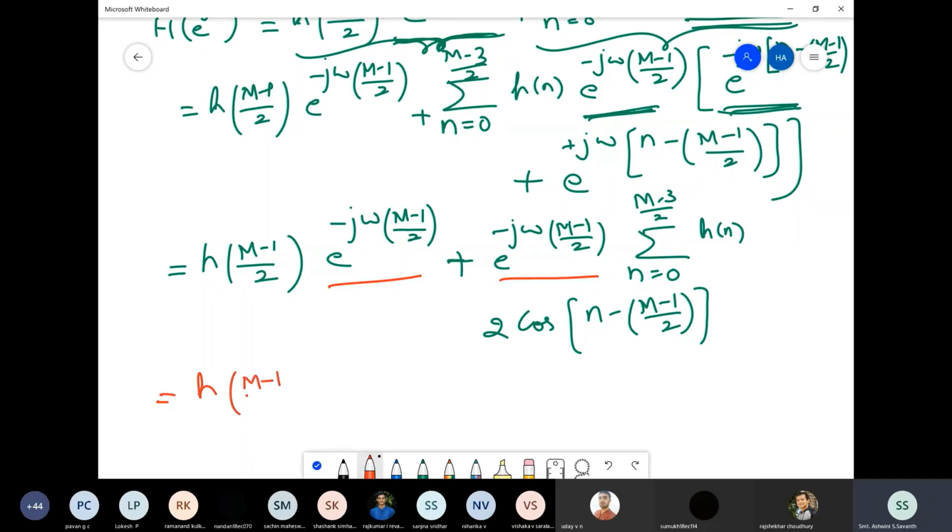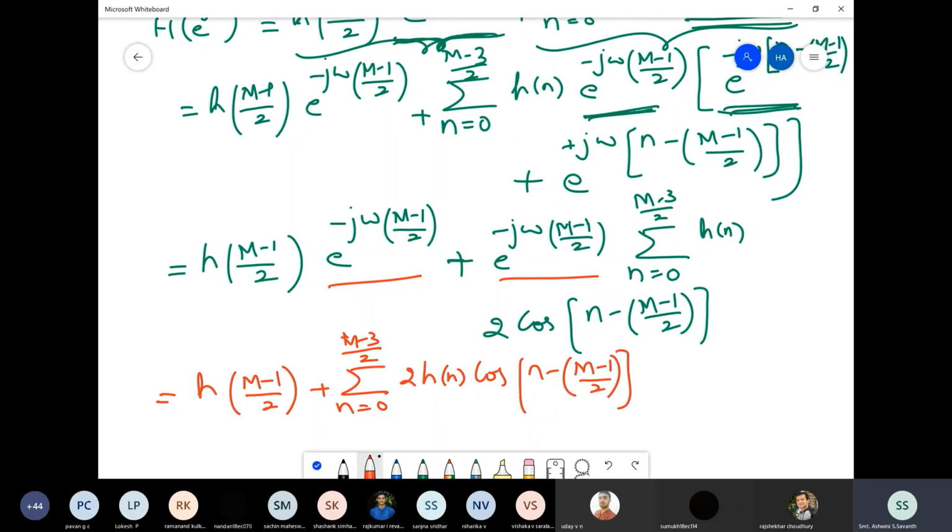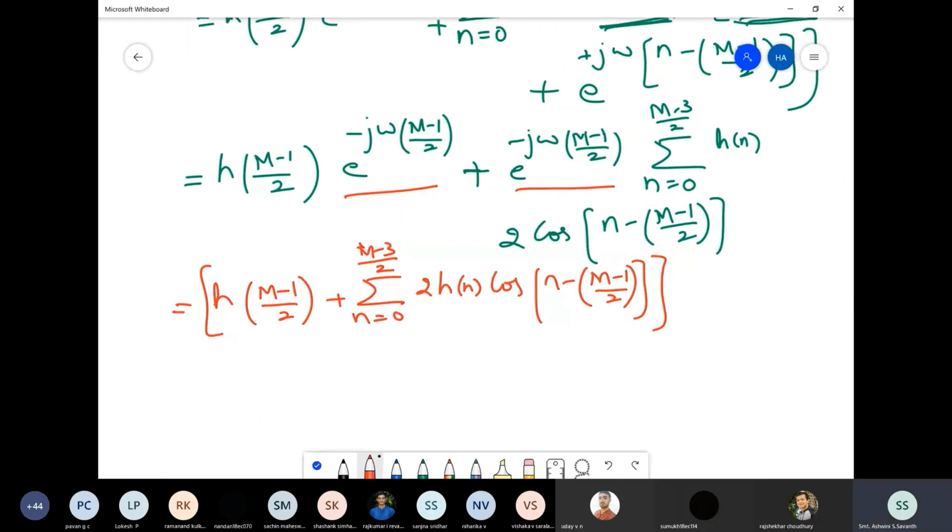H of (M minus 1)/2 plus summation n equals 0 to (M minus 3)/2 of 2 h of n cos of (n minus (M minus 1)/2). Okay, so this entire term is multiplied with e to the power minus j omega into (M minus 1)/2.